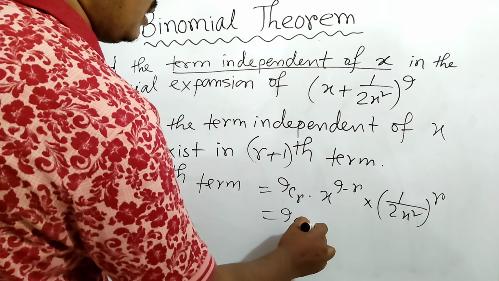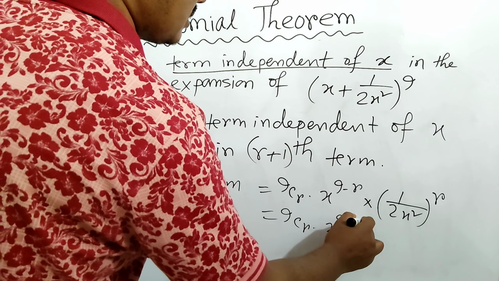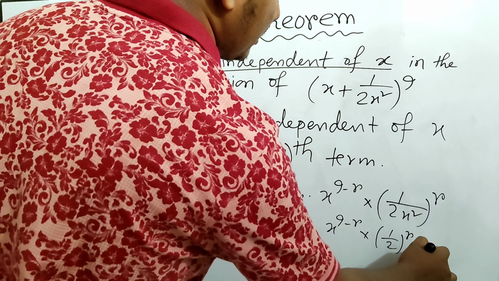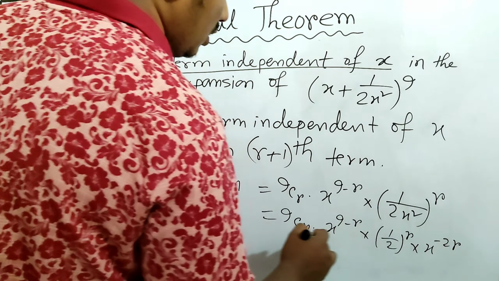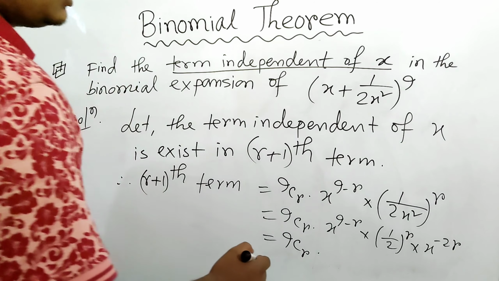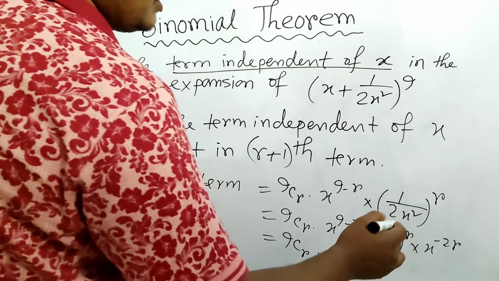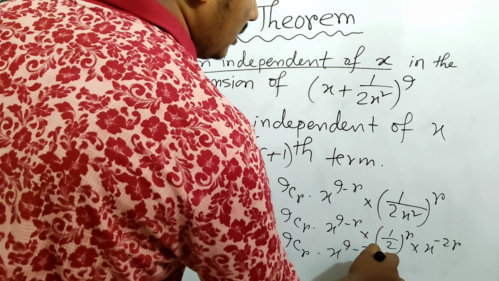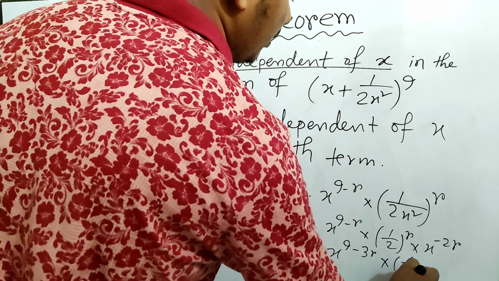So 9Cr x to the power 9 minus r, it should be 1 by 2 to the power r, x inverse 2r. So by using the exponents or indices, you can say x to the power 9 minus 3r multiplied by half to the power r.